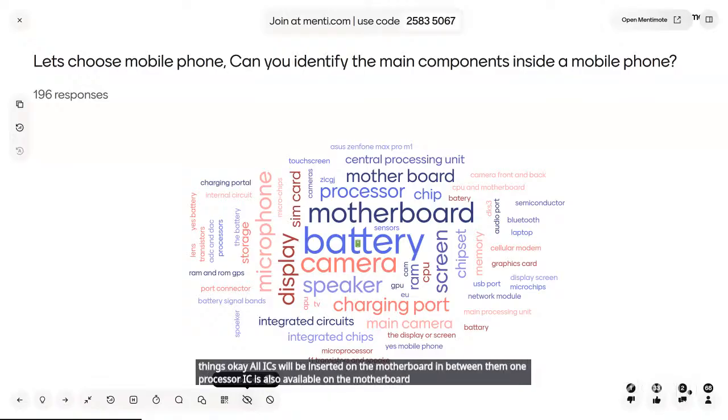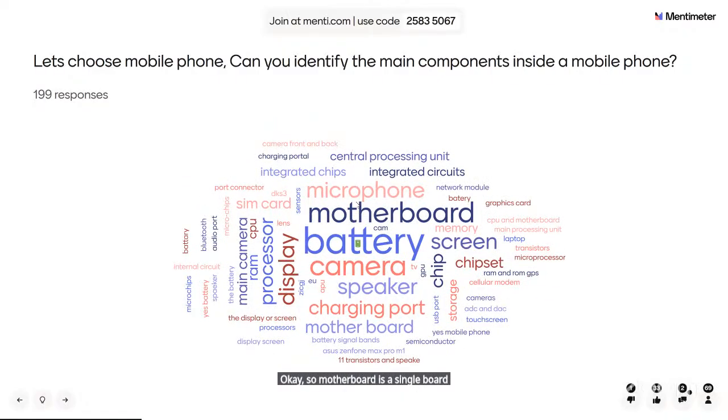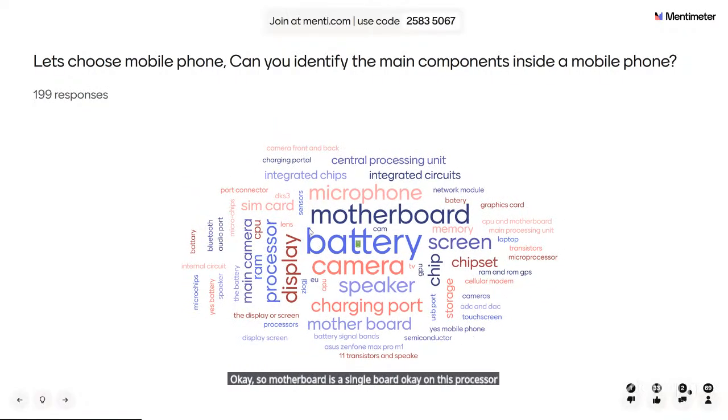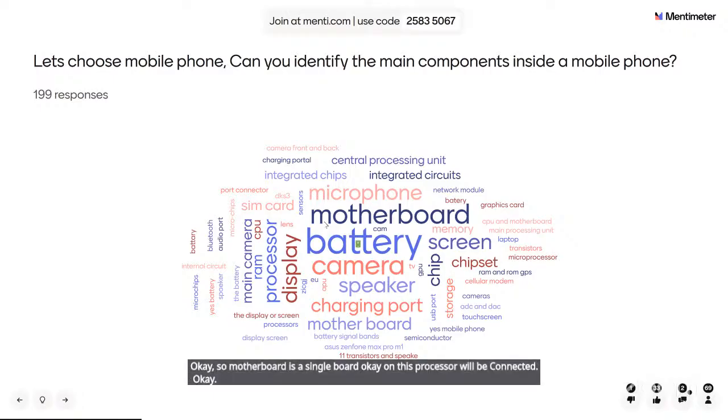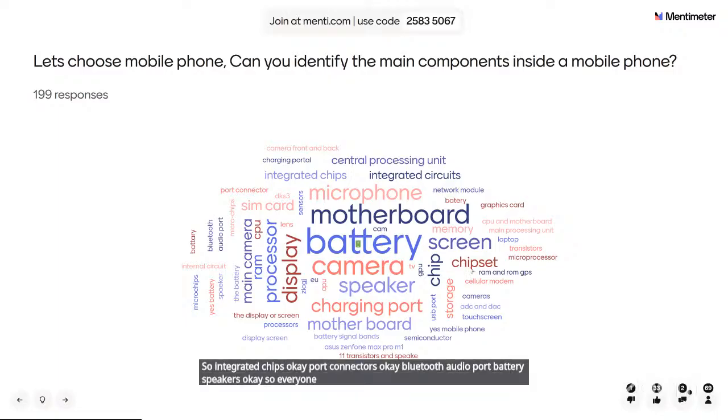So the motherboard is a single board on which the processor will be connected. Integrated chips, port connectors, Bluetooth, audio port, battery, speakers. Chipset, storage, RAM, ROM, GPS, cellular modem, or laptops.